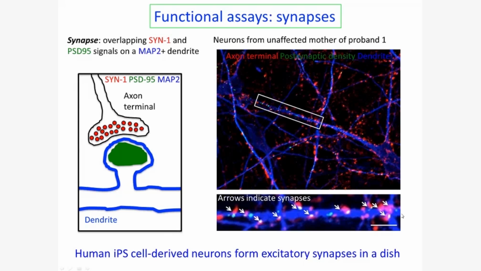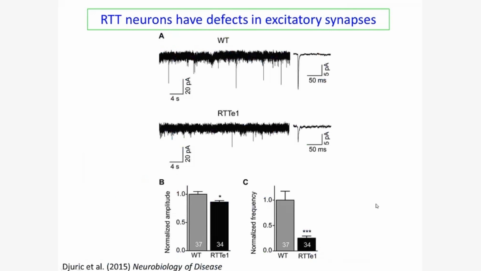But the ideal way to study synapses is to look at them from the level of function. All of the electrophysiology work that I'm going to present here was done in collaboration with Dr. Michael Salter's lab at the Hospital for Sick Children, and the recordings were done by Wenbo Zhang, a very talented postdoc in his group. This is an example of a trace of synaptic activity, specifically excitatory synaptic activity within these cultures. The readout here is called miniature excitatory postsynaptic currents.